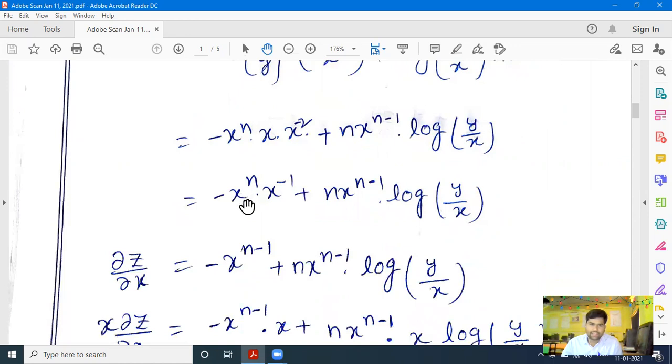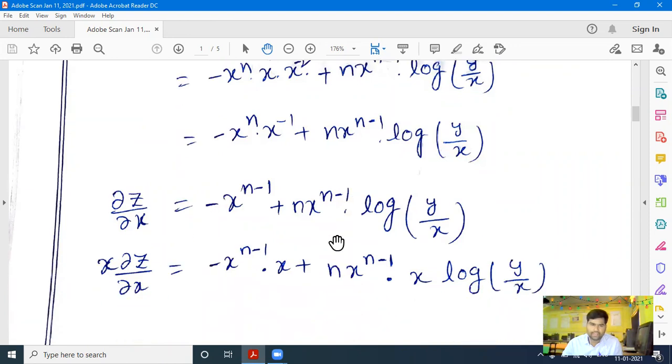So minus x to the power of n into x into x to the power of minus 2. So what happened? 1 minus 2, x to the power of 1 minus 2 or minus 2 plus 1. So that is minus 1, plus n into x to the power of n minus 1 into log of y by x.